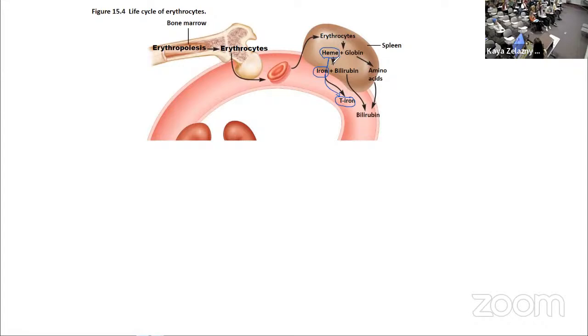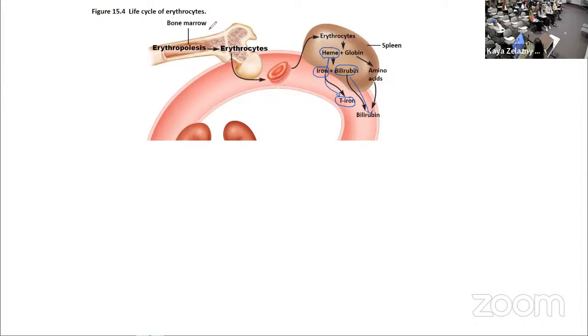Now, when we broke apart that heme group, we didn't just have iron. We had the rest of that little yellow flower thing. So part of that is becoming bilirubin. Okay, which is also going into the blood. And another part of the bilirubin is just all the bits from the globin part of the molecule.